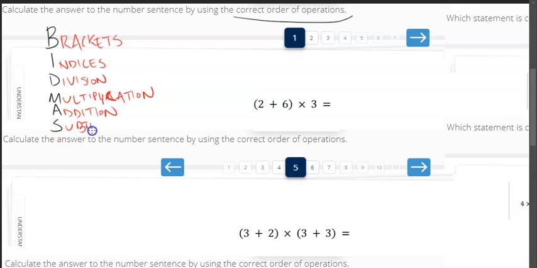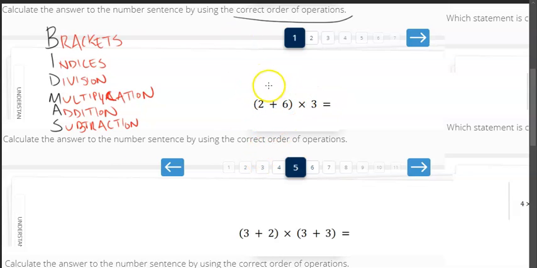This gives me an order of what I need to calculate first within the number sentence, from left to right. In this case, we look for brackets first, and we see brackets here. Whatever is in the brackets we need to work out first.